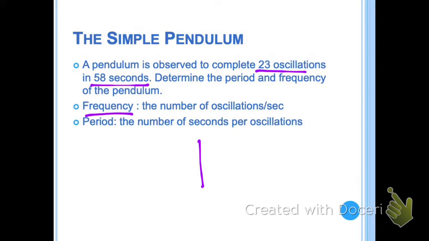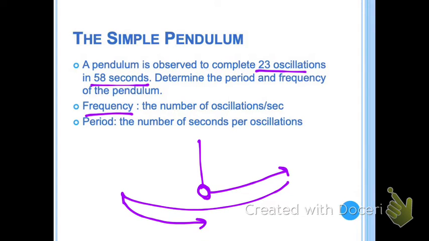Now, let's talk about what an oscillation for a pendulum looks like. A pendulum oscillation is not just over and back. A pendulum oscillation has to be over, all the way back, and back to its starting point. So here, back to here is not a full oscillation. It's got to be over, and back.